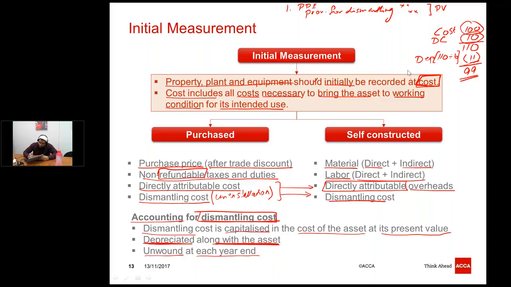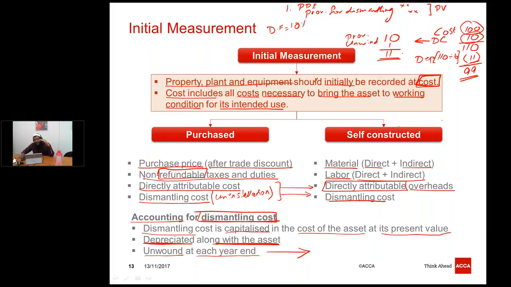So the third point was that we have to unwind the liability at each year end. Now 10 million was the dismantling cost. This is a liability, this is a provision. Now, for example, if we have used a discount factor of 10%, we are going to unwind the liability by 1, and the liability at the balance sheet date is going to be 11.